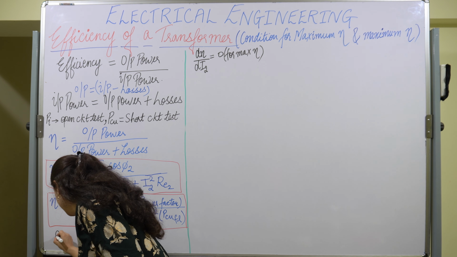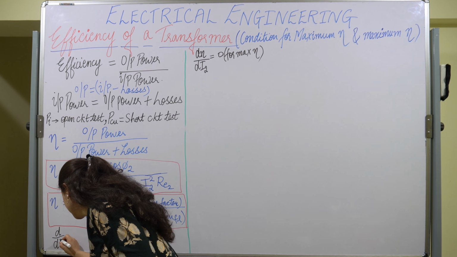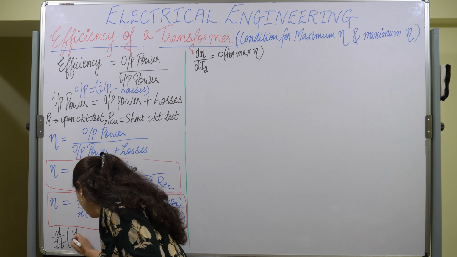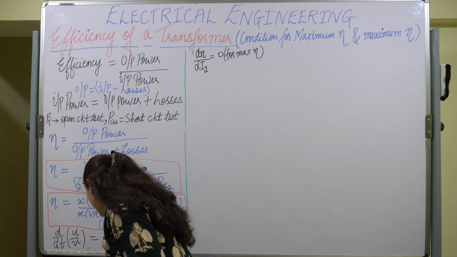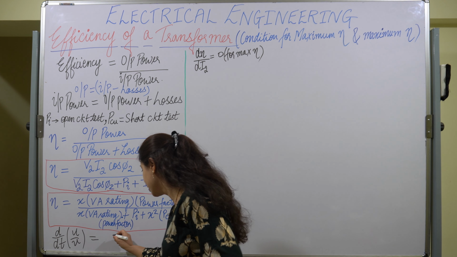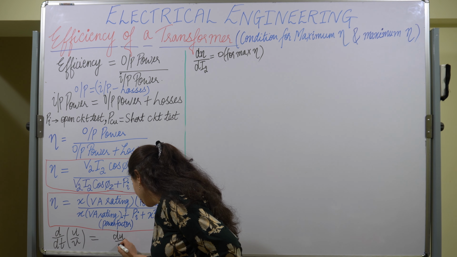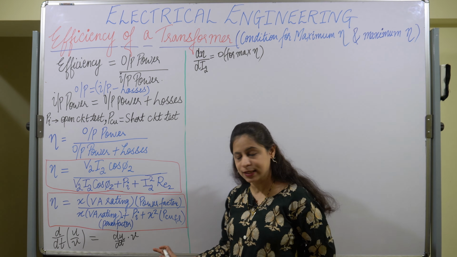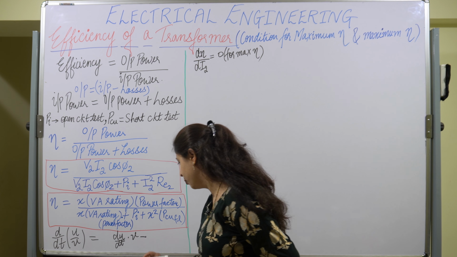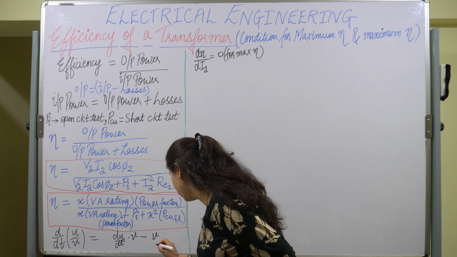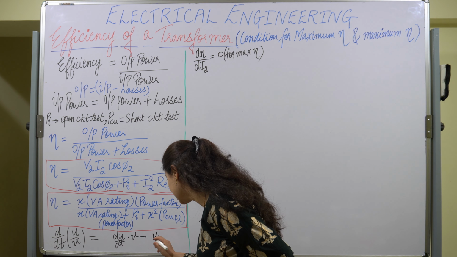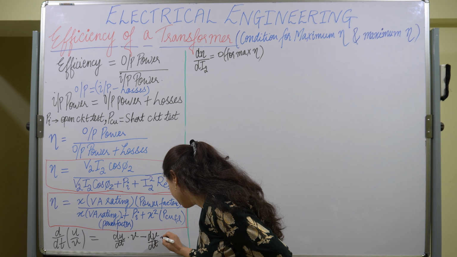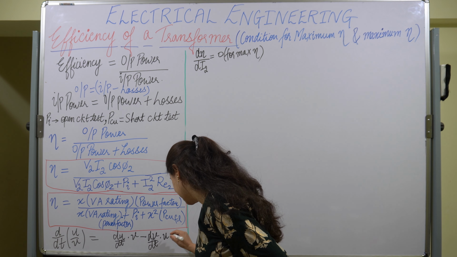Whenever we take the differentiation of any term of the form U upon V, we get the formula that first we differentiate U with respect to T, then we write V as it is. Then we put a minus sign, then we put V as it is, differentiate V with respect to T, and put the numerator as it is.